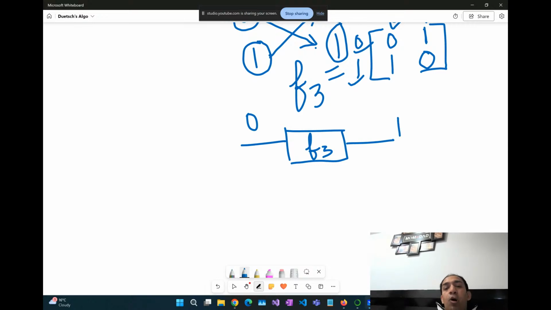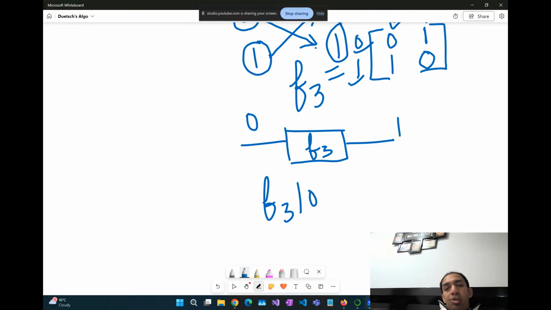In terms of matrix, we can simply say that F3 is operating on ket 0, and let's say we don't know the output value, so let's calculate it.